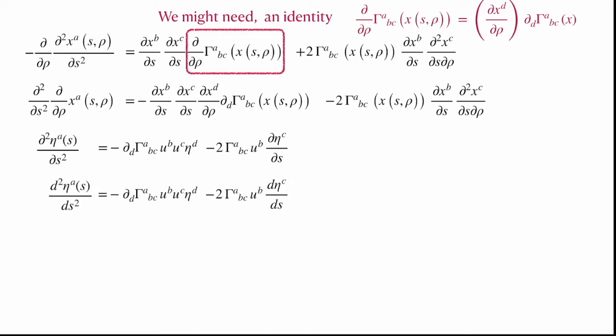We can now replace this differentiation by exact differentiation with the understanding that this is taken along the curve, specific curve rho naught value, and that we simply get d square eta a by ds square.